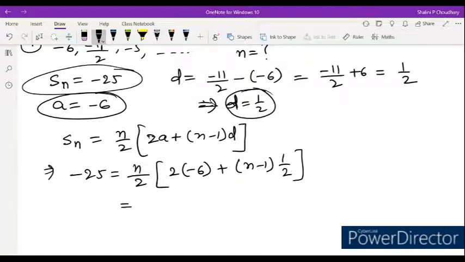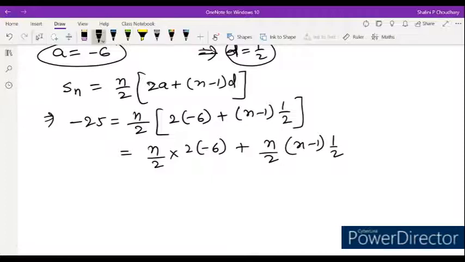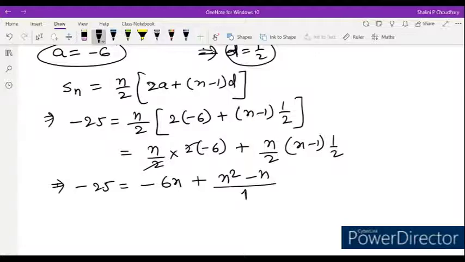This will be equal to n/2 multiplied by 2 into -6 plus n/2 multiplied by (n - 1) into 1/2. So -25 will be equal to -6n plus (n square minus n)/4.